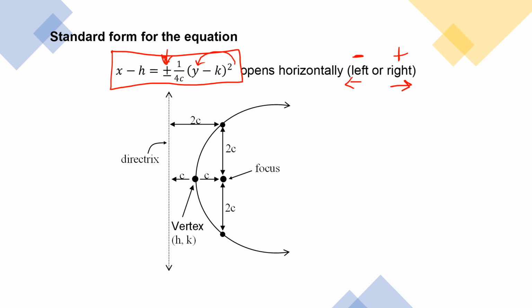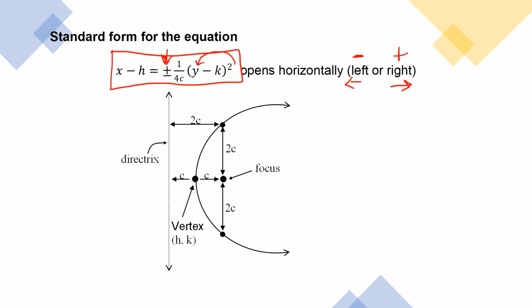Okay. So keeping that in mind, that's how we determine whether it's going to open left or right. Now we're going to look at our features, same concept as before. So when we look for our vertex, focus, directrix, it is still following the same rules, except now it's in terms of x, okay?